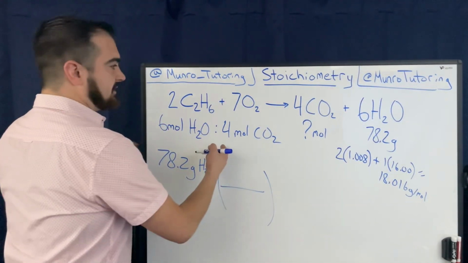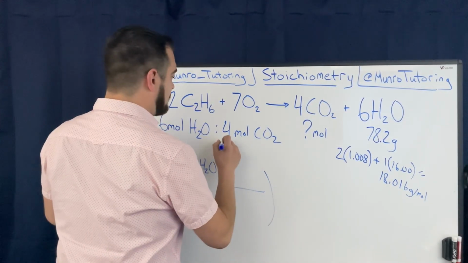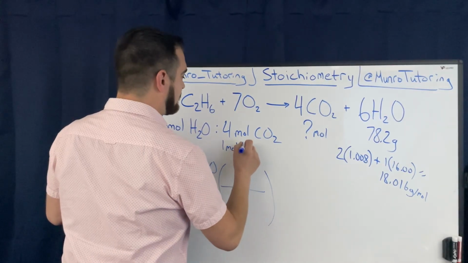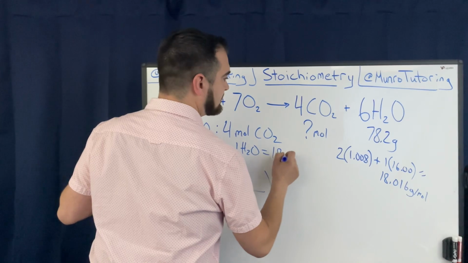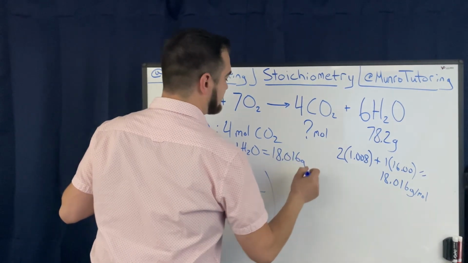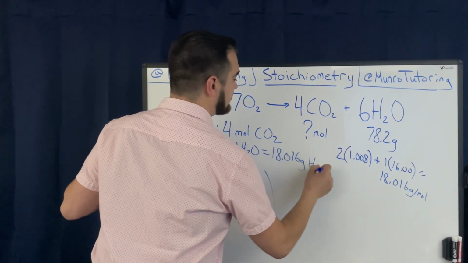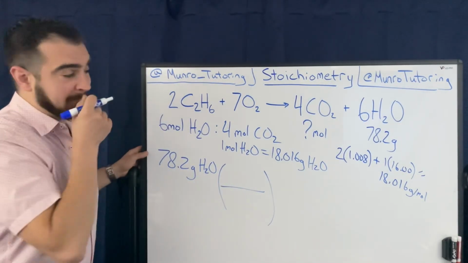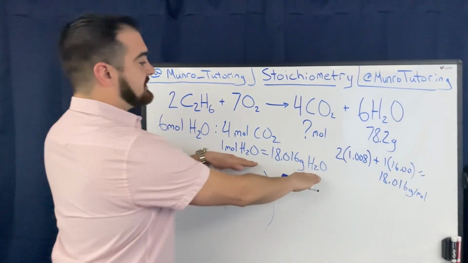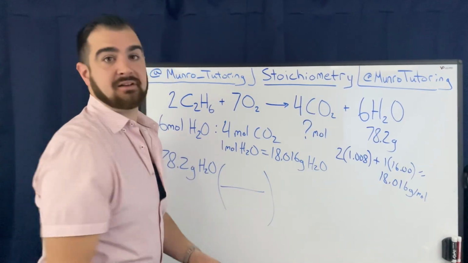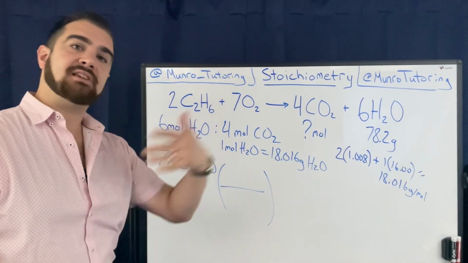So I'm going to write that out over here. For every 1 mole of water, that's equal to 18.016 grams. And again, let's label everything really well. So now I have grams of water. I have a conversion factor that has grams of water in it. I'm good to go. I can cancel those units and keep this moving.